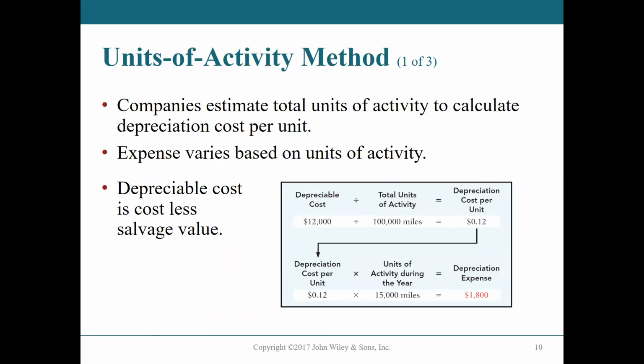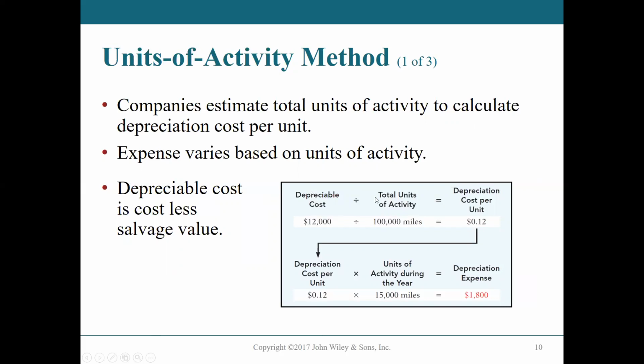And then the units of activity method is very similar to the straight line method, but instead of using years as the basis for depreciating the asset, we use the units of activity. So for a vehicle, it might be the miles it's driven, or for a piece of equipment, it might be the number of machine hours it's run, or something like that. So what you do is you take the depreciable cost, which again is the cost minus salvage value, divide that by the total units of activity.